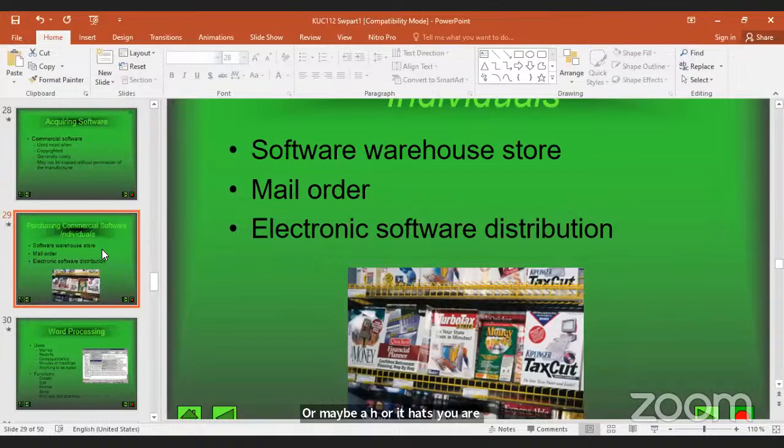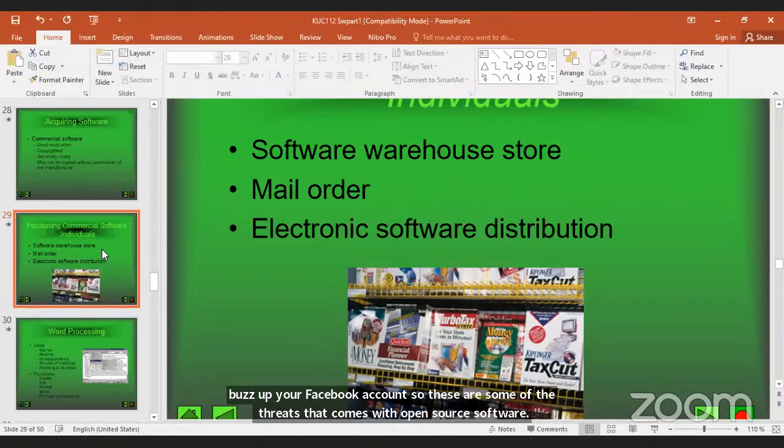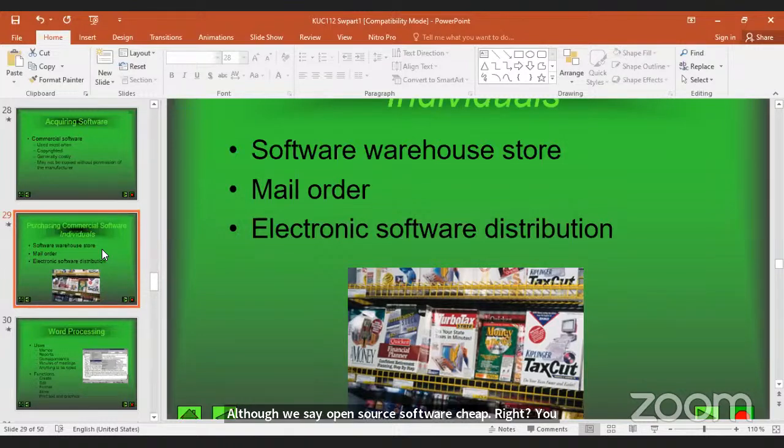So these are some of the threats that come with open source software. Although we say open source software are cheaper, right? You can customize them, right? So a good thing has some advantages and disadvantages, which we would like to discuss.